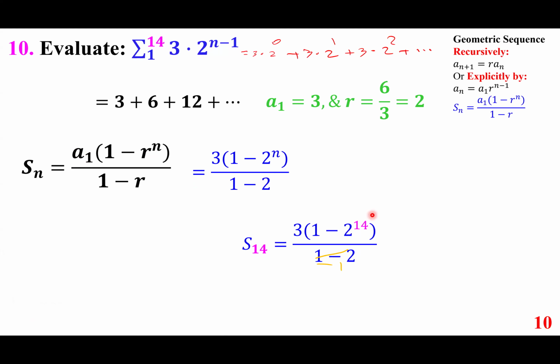You have to calculate 2 to the power of 14. Okay, 1 minus that, times 3, divided by negative 1, and it becomes 49,149. As you can see, it's a pretty large number. Okay, so we have to go through the process, in this case S sub n, to come up with the answer.